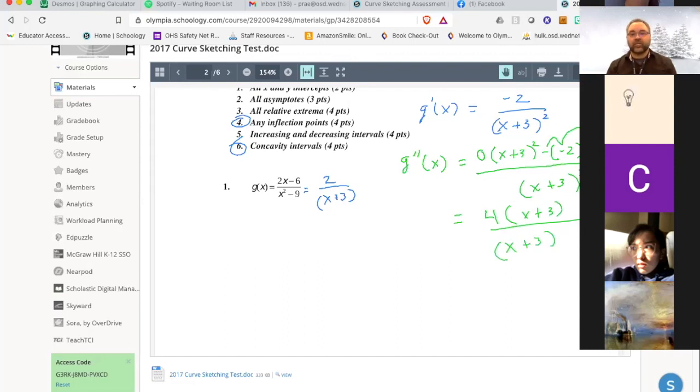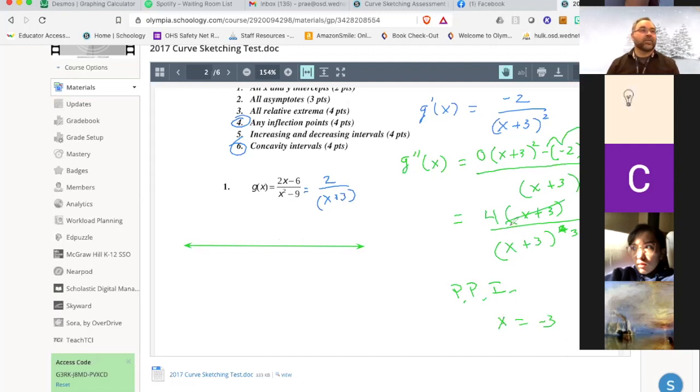Sorry guys, I was a step ahead there. It's to the 4th. Now we're going to cancel one of them and get cubed in the denominator. So this one does change sign, doesn't it? Same critical, or sorry, not critical number, possible point of inflection, PPI. X equals -3.